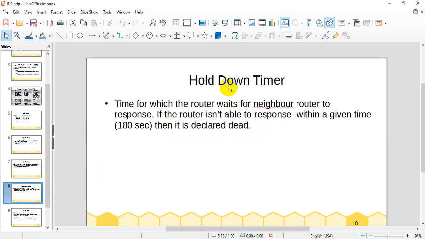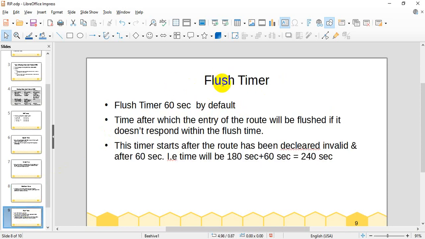And the hold down timer is the timer for which the router waits for the neighbor router to respond. If the router is not able to respond within the given time of 60 seconds, then it is declared dead. And what about the flush timer? As you know, the flush timer's default value is 60 seconds, and this is the time after which the entry of the router will be flushed if it doesn't respond within the flush time.